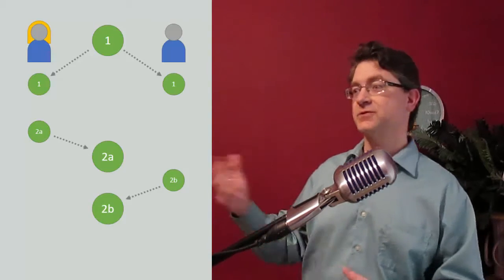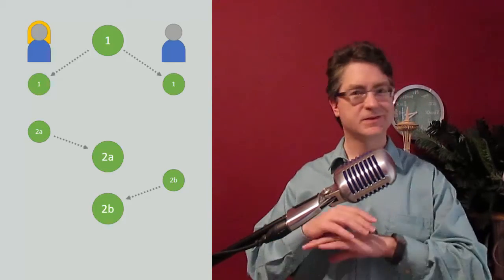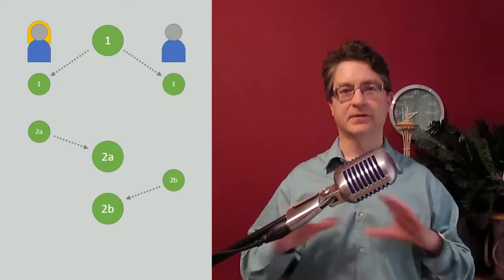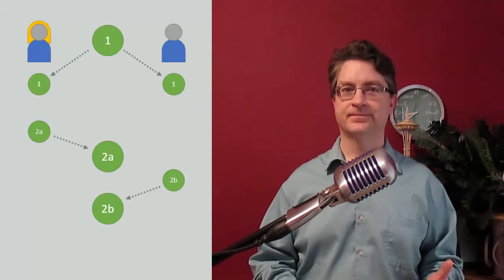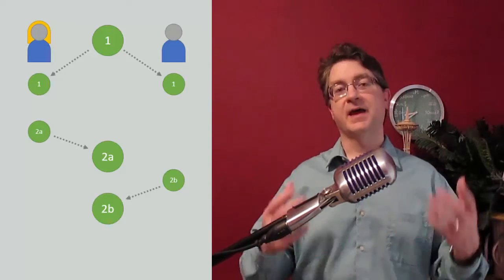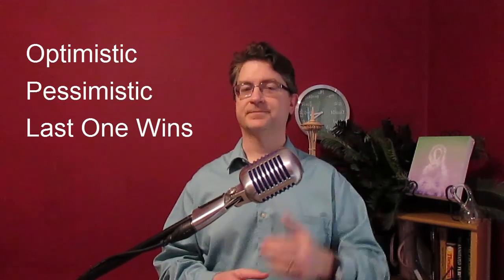Now, Bob never saw 2a, so those changes just get overridden, and they will never appear in the history again. That's what happens by default whenever you use a relational database and you just update a row. So these are the 3 concurrency strategies that you're probably most familiar with: optimistic, pessimistic, and last one wins.